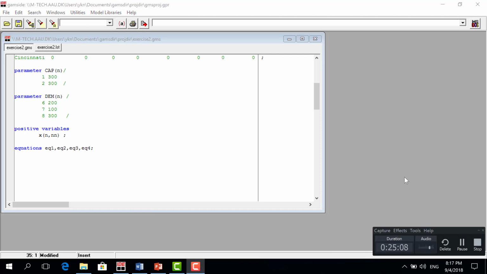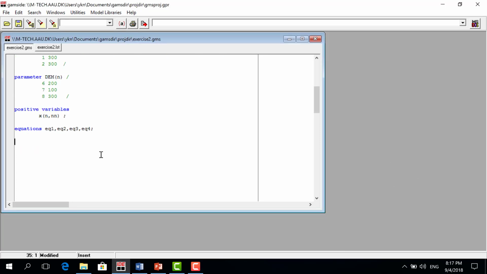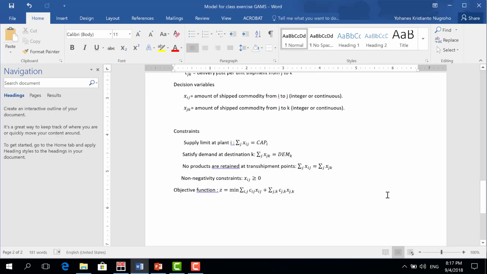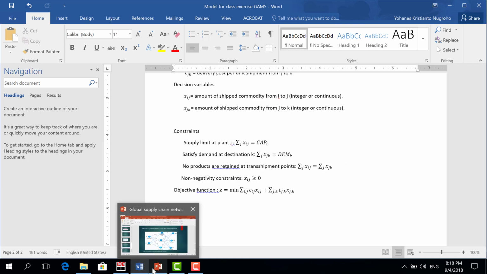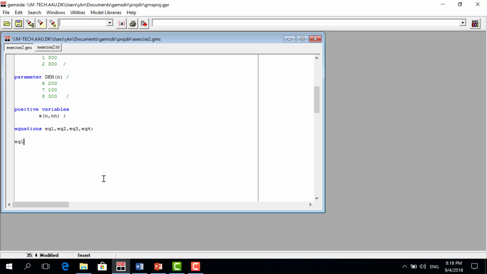We are now working with equations. We have to write the equations line by line. Okay, let's start with equation number 1. From this model, we have the sum over j of xij equal to the capacity of supplier I. Then we can write equation 1.